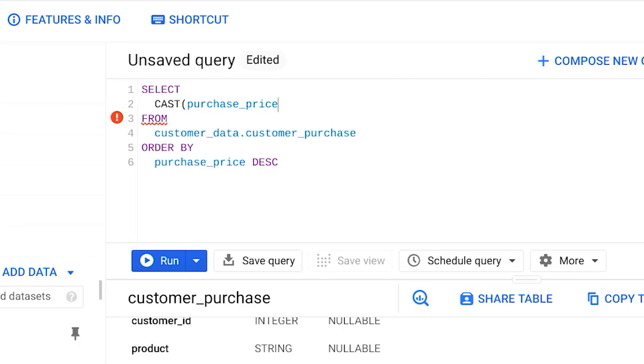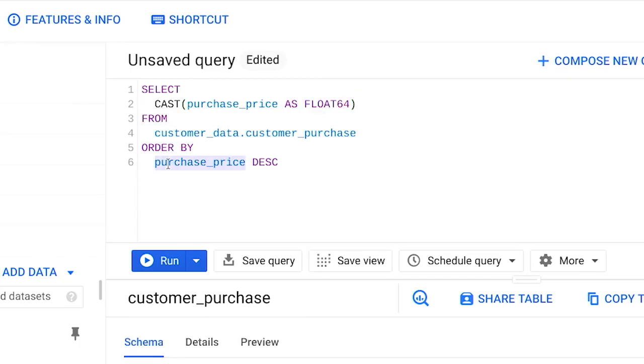Next is the data type we want to change purchase_price to, which is the float data type. BigQuery stores numbers in a 64-bit system. So the float data type is referenced as float64 in our query. This might be slightly different in other SQL platforms, but basically the 64 in float64 just indicates that we're casting numbers in the 64-bit system as floats.